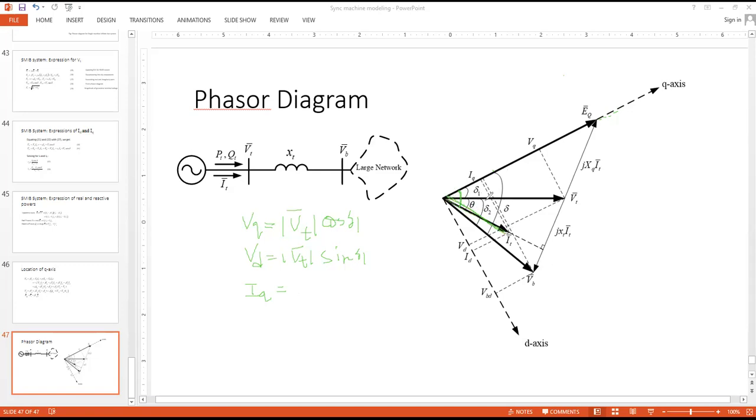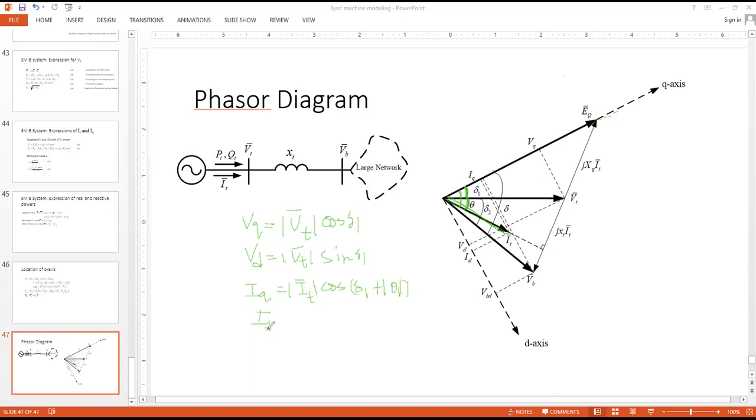The angle between IT and VT is theta, which is lagging, so which is minus. And the angle between VT and EQ, Q axis is delta 1. So the total angle is delta 1 plus absolute value of theta. Okay. Any confusion, please stop me and ask me questions. So IQ is IT cosine of delta 1 plus absolute value of theta.